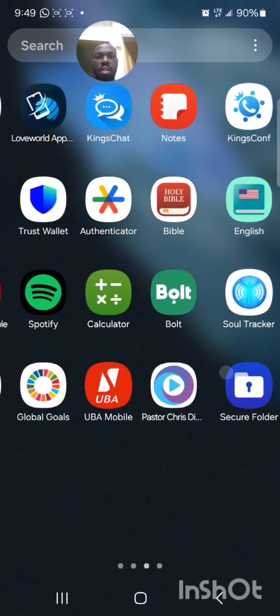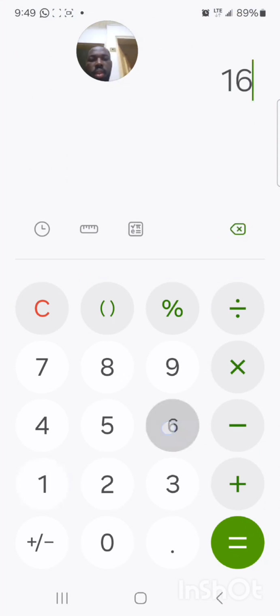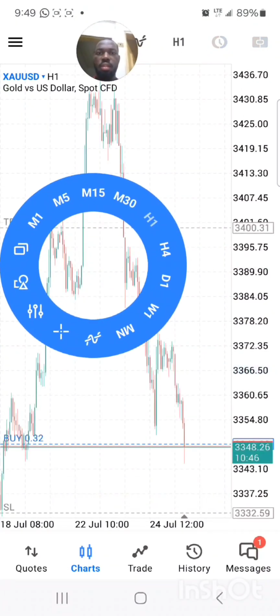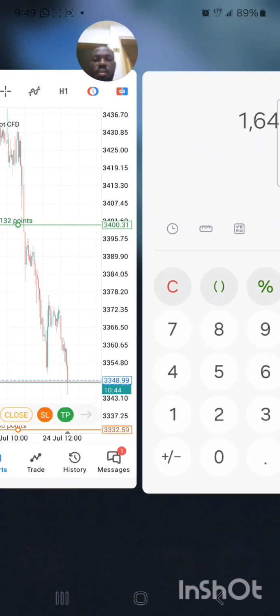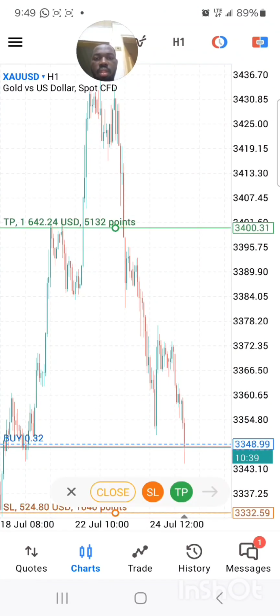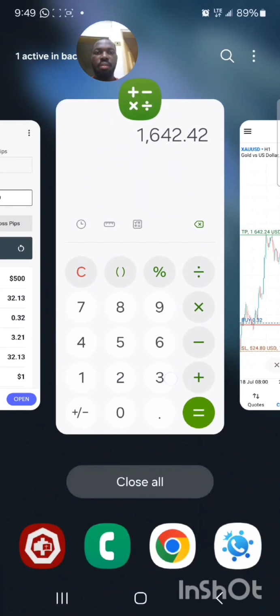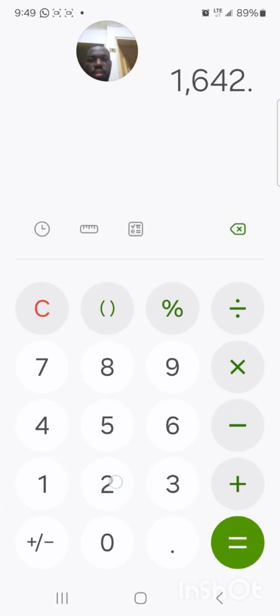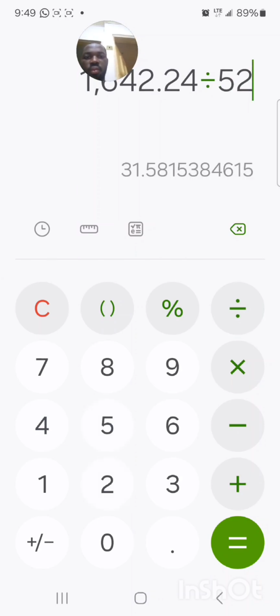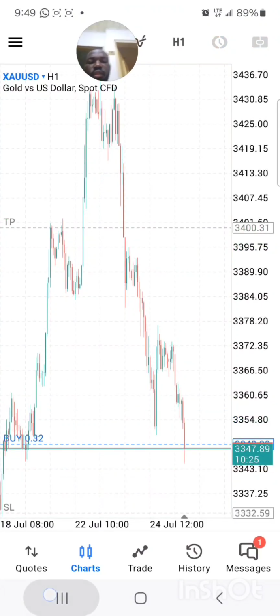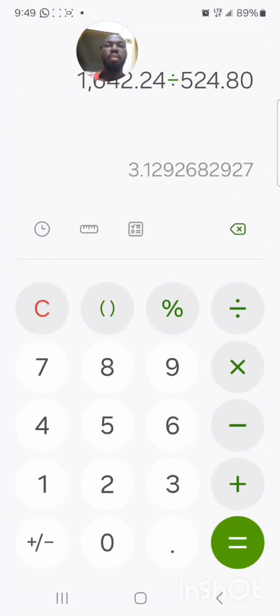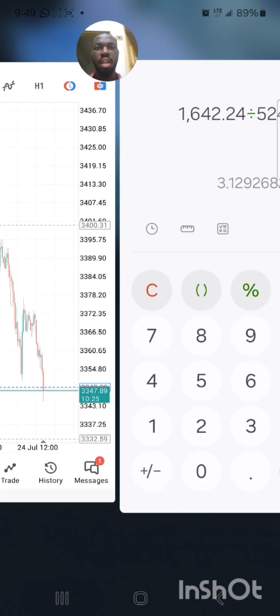So let's calculate 1642.42 divided by 524.80. Let me check, 524.80, correct. So that's approximately a 3.13 risk to reward ratio. That's how it's calculated.